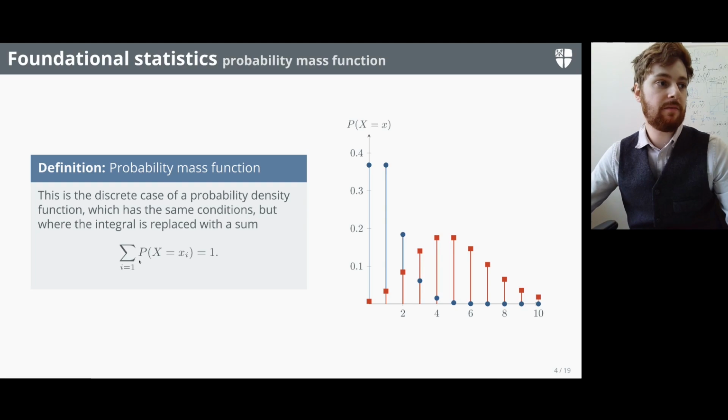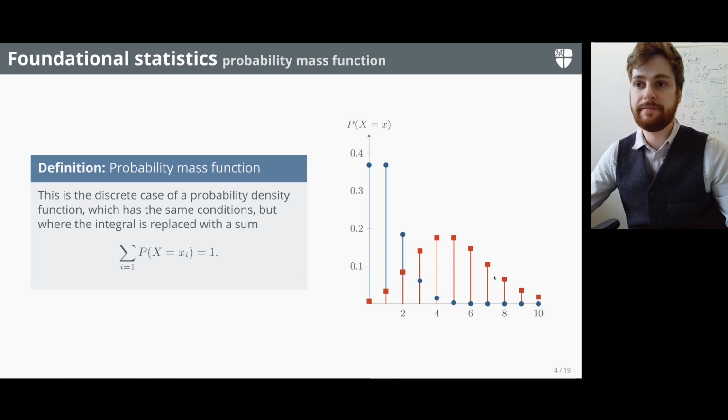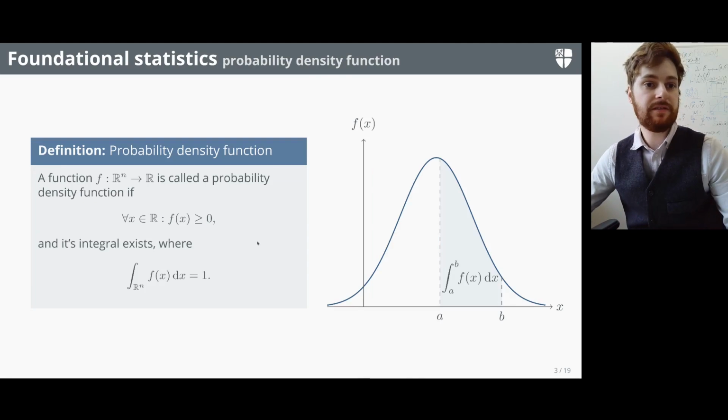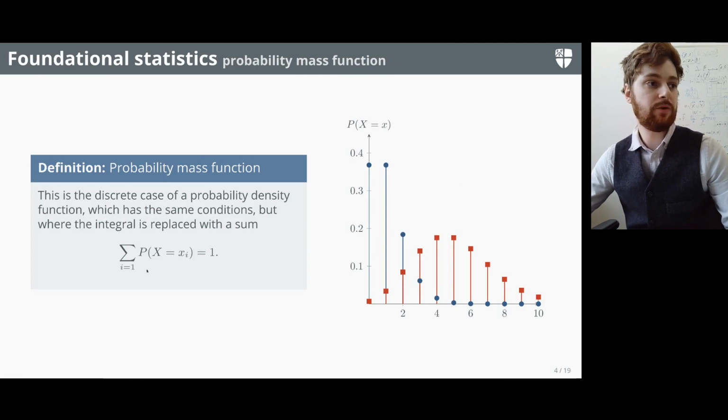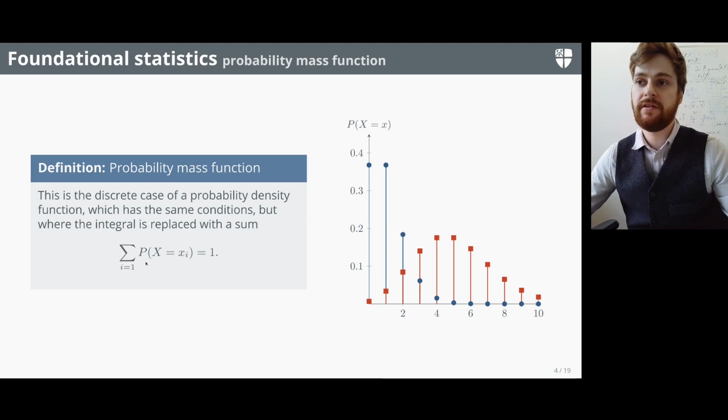So we sum up all the values of this random variable, taking on the discrete values xi, and we make sure that adding up all of these values adds to 1. In the previous case, normally we would use a little p to denote a continuous variable, or a variable whose type has not been specified. But in the discrete case, normally we would use a capital P to denote a probability mass function.